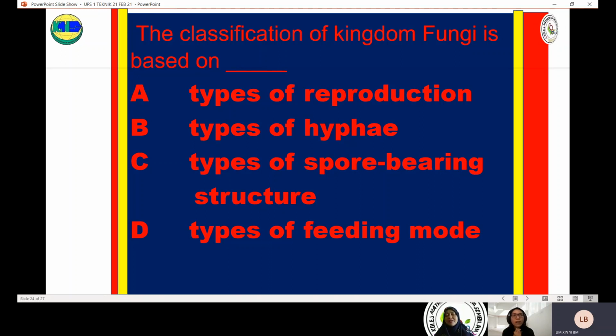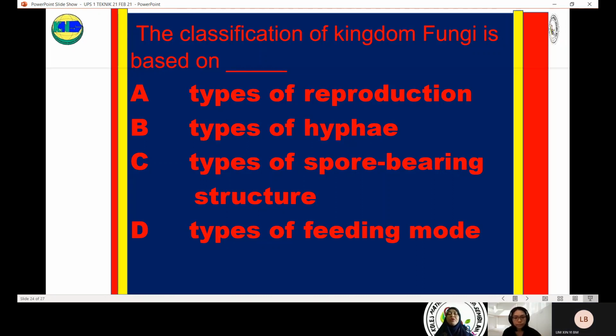Types of feeding mode sounds familiar. Reproduction too, but remember, I think the strongest distractor is A, reproduction.